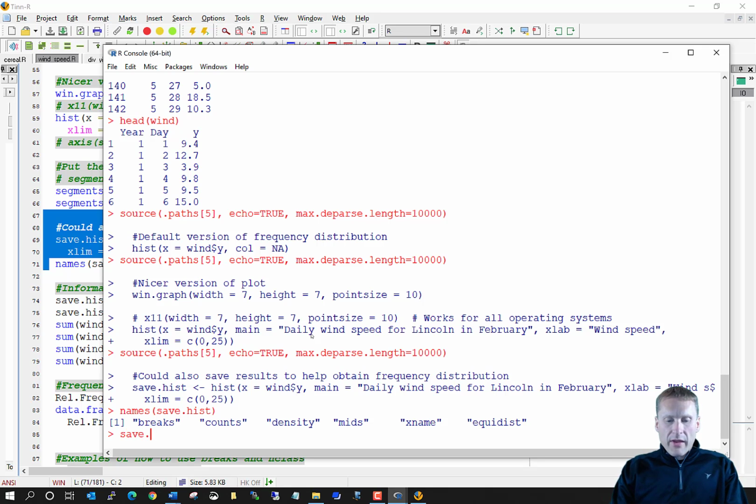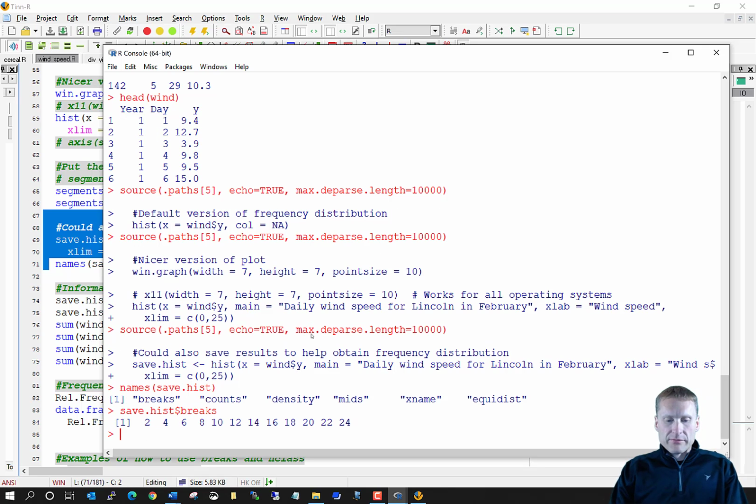So one thing that is saved in there is something called breaks. Hopefully this looks familiar to you. On page 1 of the notes, we saw these classes for each of the groups. Basically what this gives you is the beginning and the end value for each of the classes. So for that first class, greater than 2, less than or equal to 4.